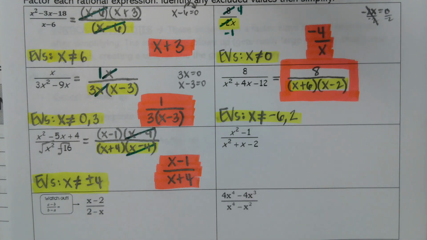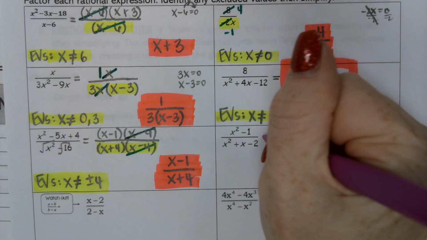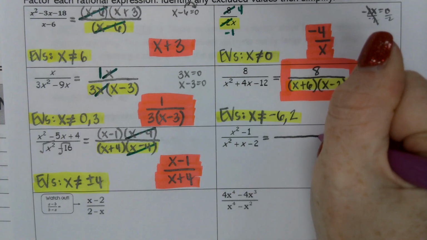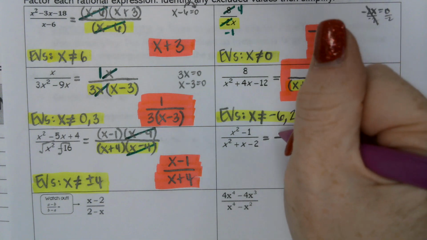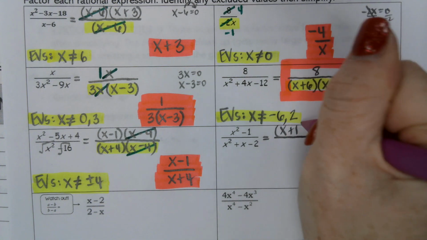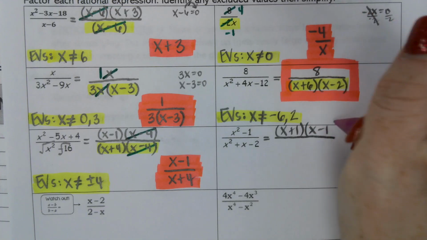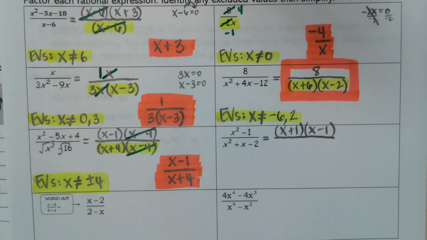All right, here we go. Next, what is my numerator right here? It's a difference of squares. Yes, you're right, Aiden. X plus 1, x minus 1 for that factorization. It's a difference of perfect squares.